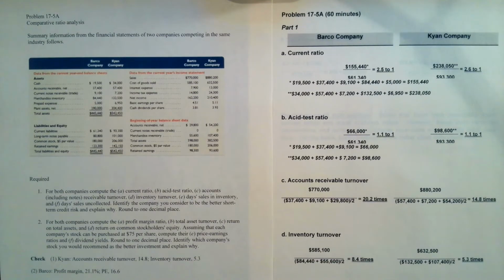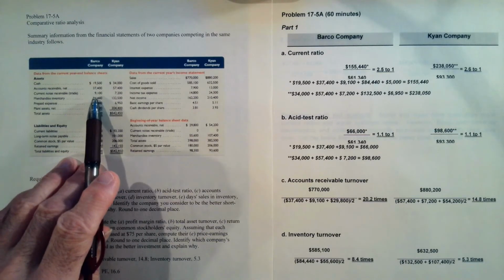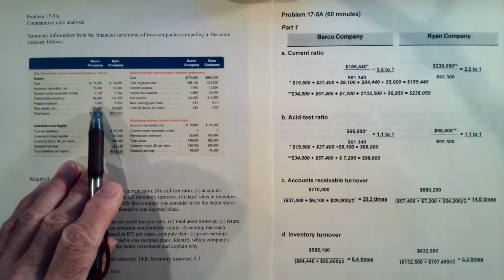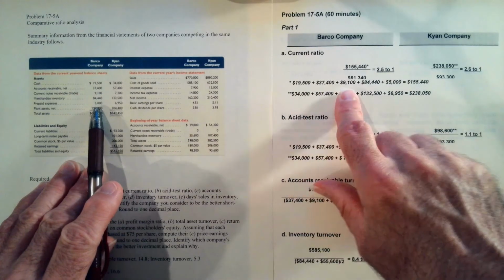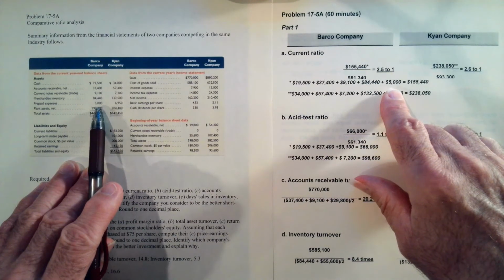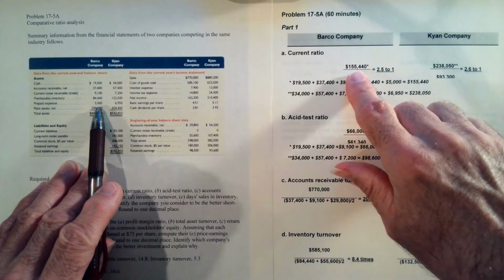So go only for the current things that are going to become cash within a year. That's the classic definition. And that's going to be all these numbers: 19.5, 37.4, 9,100, 84,440, 5,000. All of these are current assets, and they show up in the numerator, okay?